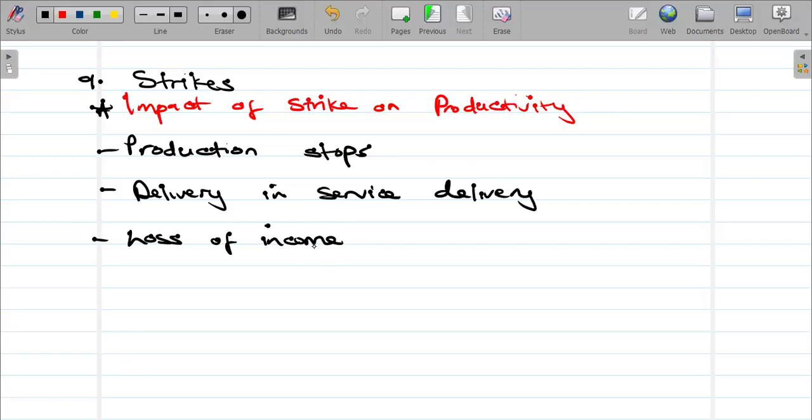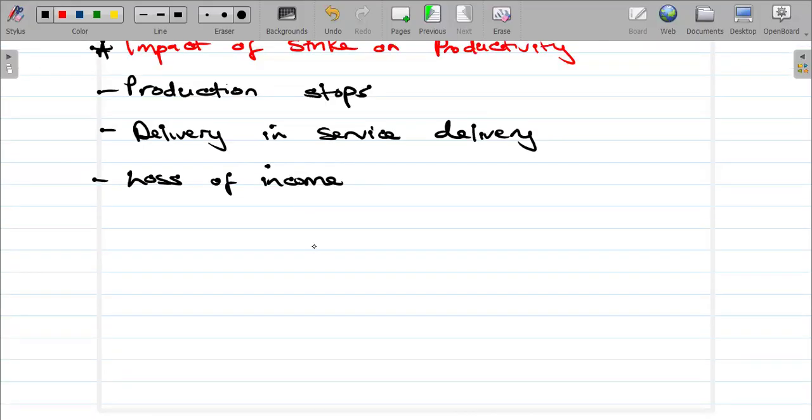Right. Let's move on to the challenges that the business will experience due to strikes, right? Challenges include loss of customers.